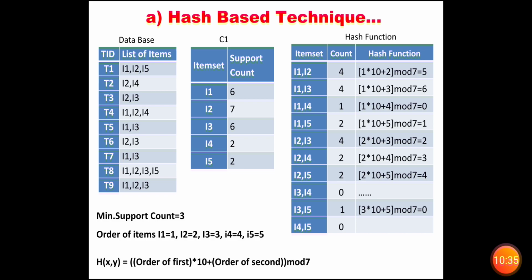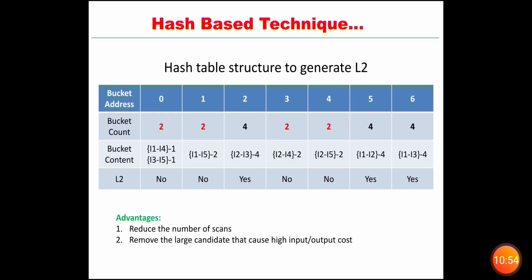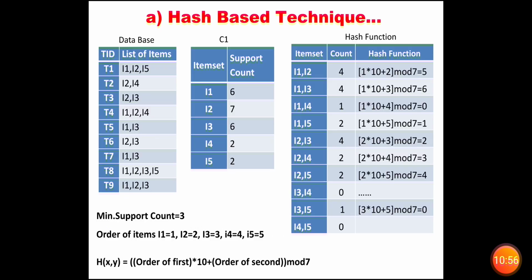In the same way we will find all the others. The mod value is nothing but the bucket number. So the bucket numbers are 5, 6, 0, 1, 2, 3, 4 and 0. These are the bucket values.